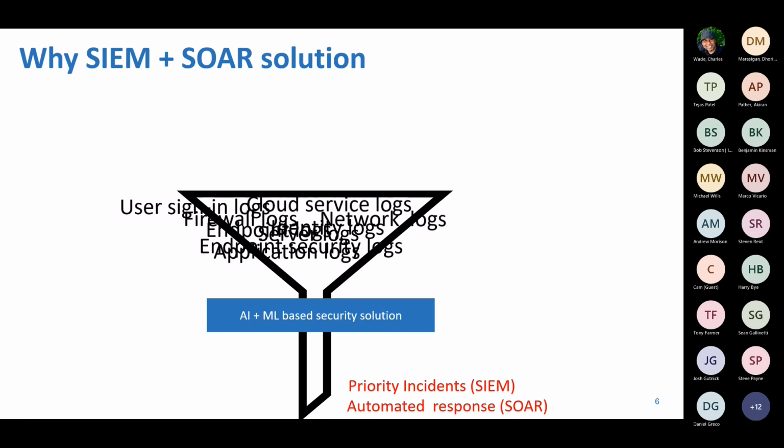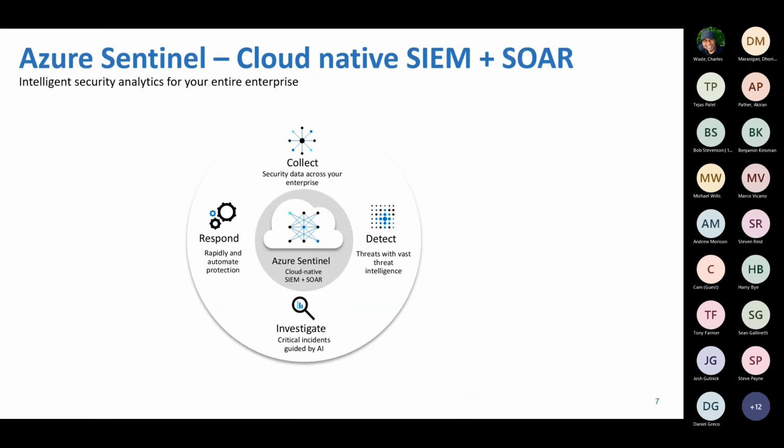So that is why we need a SIEM or a SOAR solution in today's world, where you have applications in cloud, you have users using on-prem, you have hybrid becoming the normal now. This is where a SIEM and a SOAR solution becomes very important and effective. So Microsoft's offering of SIEM and SOAR solution is Azure Sentinel.